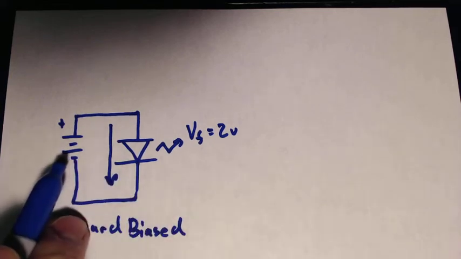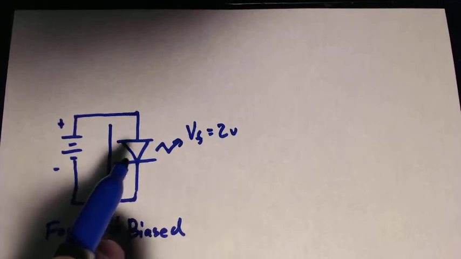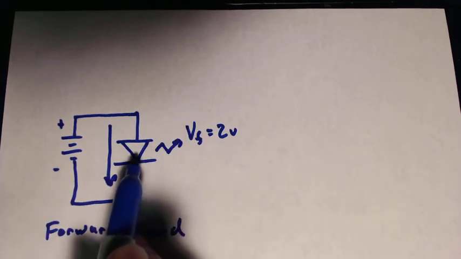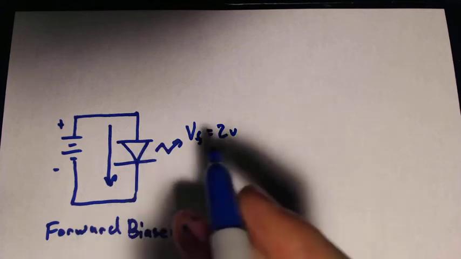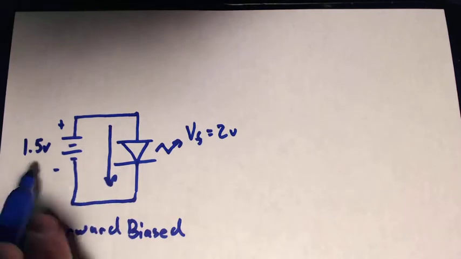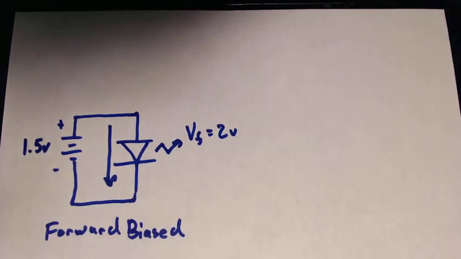However, the voltage being applied to this diode must exceed the forward voltage in order for current to go through this device. So if I make this 1.5 volts, 1.5 volts is clearly less than 2 volts.